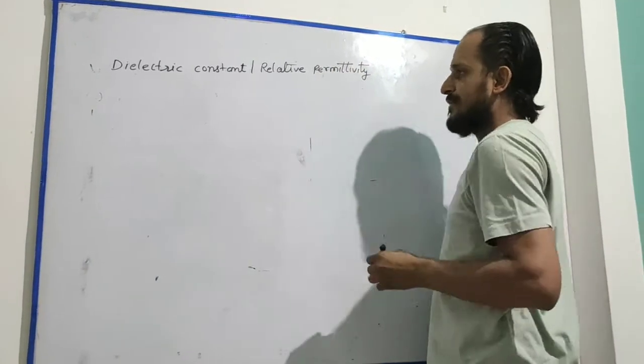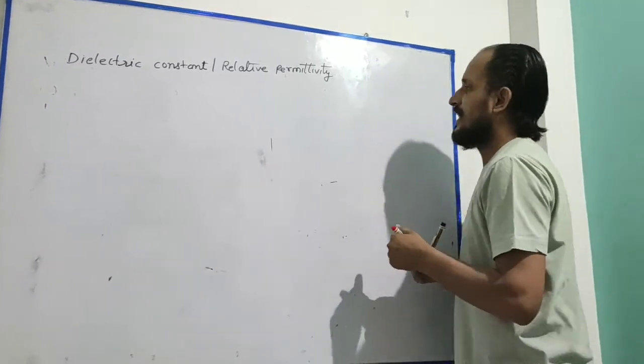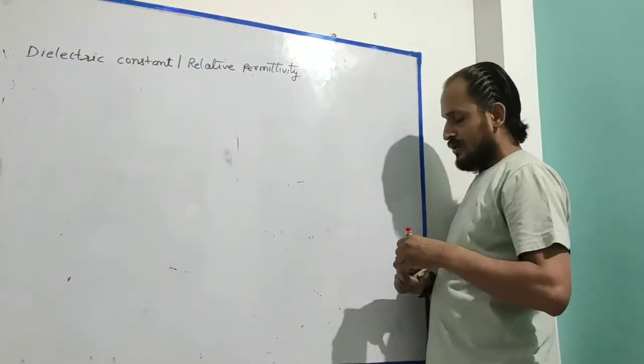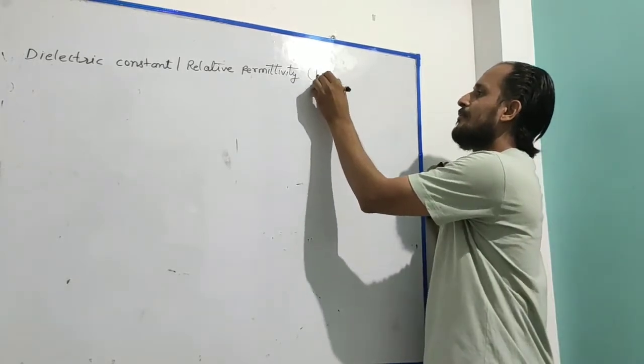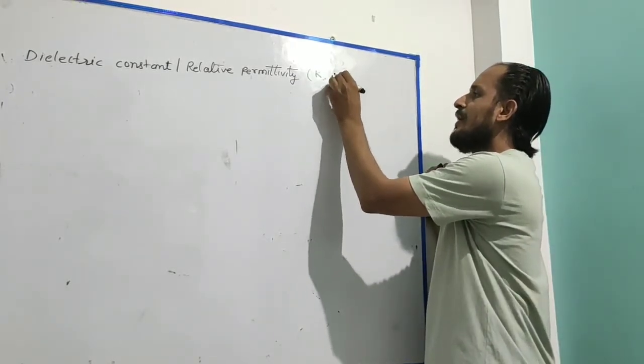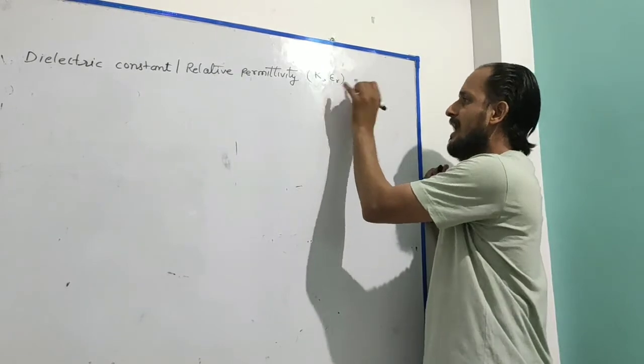You can express dielectric constant or relative permittivity through two different symbols. Either you can put K or you can write epsilon r.